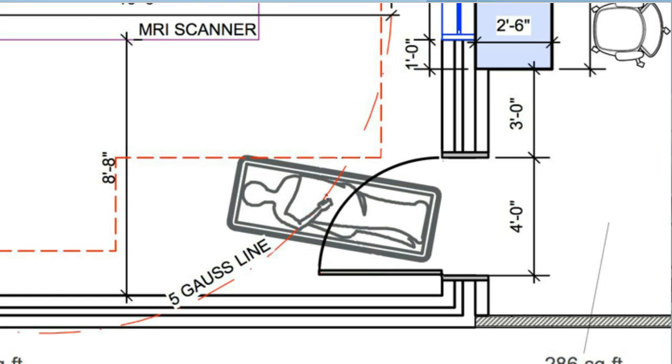Remember, we want to mount the ferromagnetic detectors on the outside of the door, the control room side of the door, the right-hand side in this illustration. Not put them inside the room. We want to comply with the ACR and having the screening in the approach to Zone 4. But the thickening of the wall really does something wonderful for us.